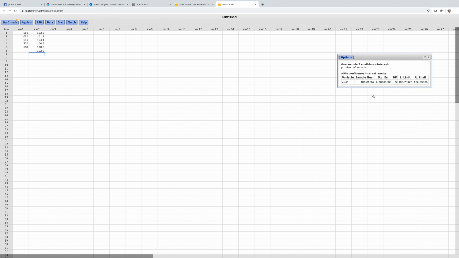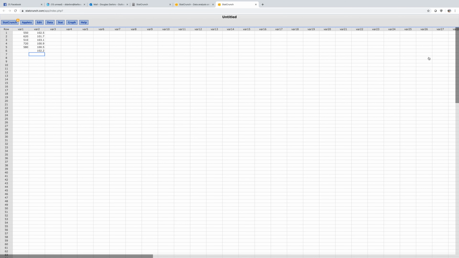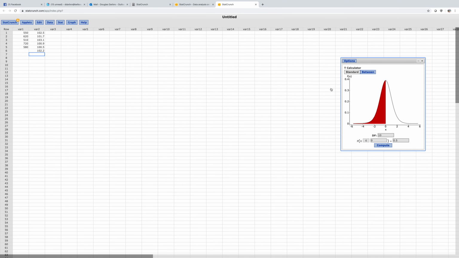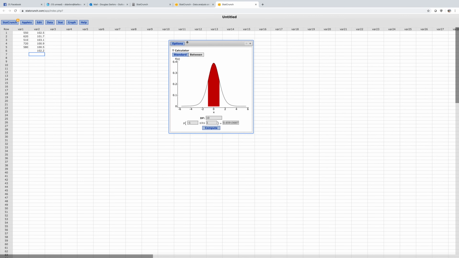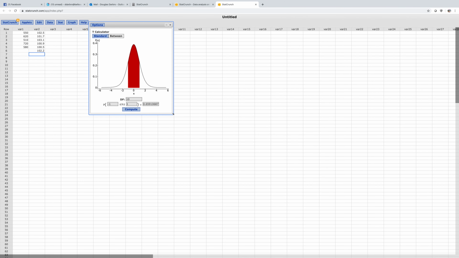All right, number 12. We want a t critical for the 90% confidence interval. Guys, these are super easy if you know what you're doing. So go to the calculator and do inverse t, between. First thing, degrees of freedom.